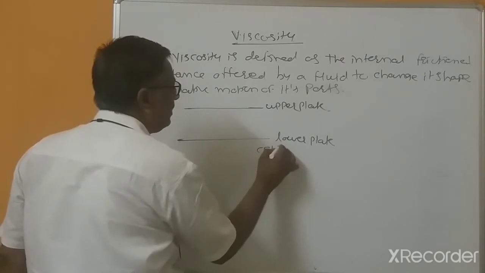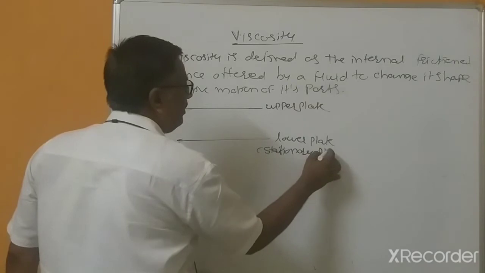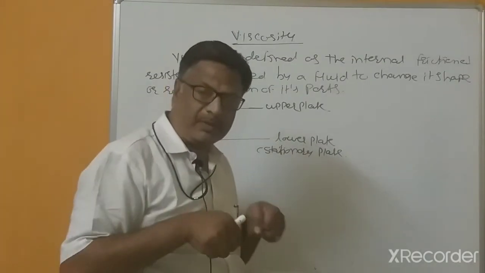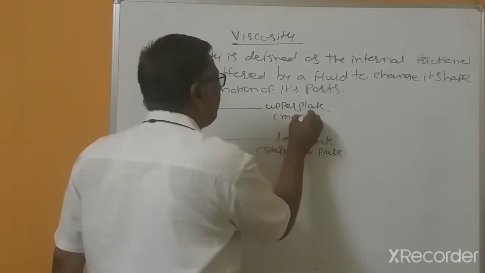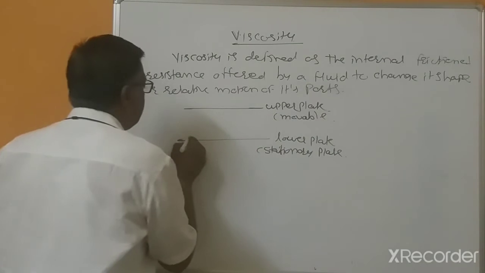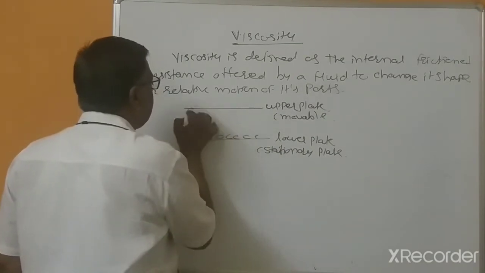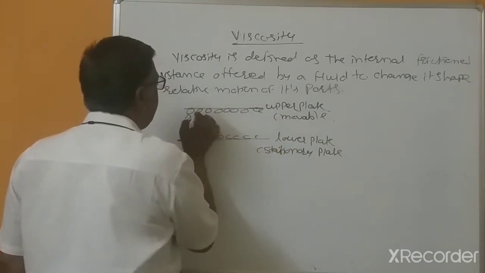Likewise the tailstock of a lathe machine, this is movable. Now the lubricating oil present sticks on the upper plate and the lower plate also.